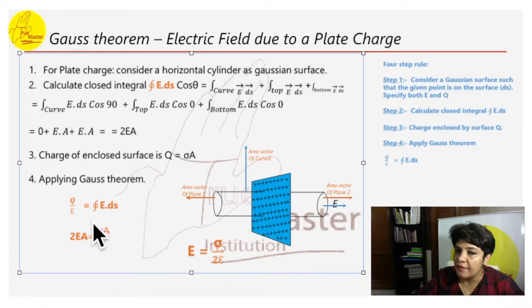Instead of writing Q, we have written sigma A. So sigma A by epsilon naught equals 2EA, and A will get cancelled. We will be left with, for a plate, electric field is sigma by 2 epsilon naught. So this formula we are going to use immensely in the coming session in a few minutes. So just remember, E is equal to sigma by 2 epsilon naught for a plate.